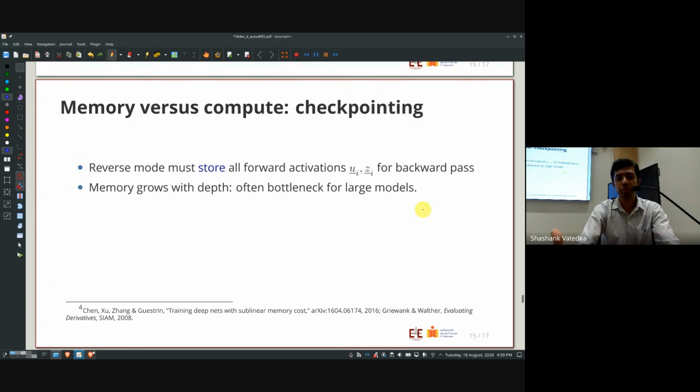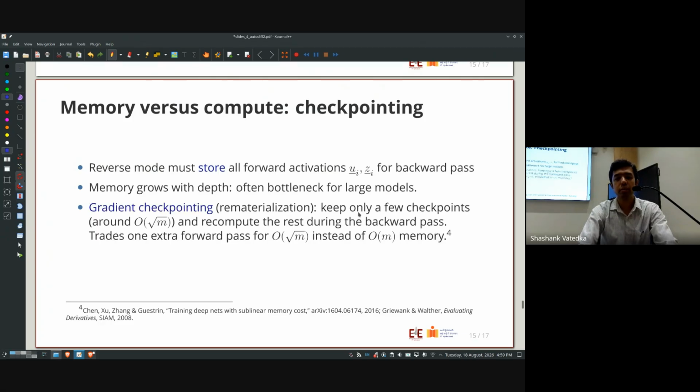Because typically all of these computations happen on either your RAM or typically a GPU. And the memory that is available on the GPU is limited because it also has to store a lot of things, including these intermediate variables. Right. So sometimes what people do is what is called checkpointing. You don't store all of the forward activations.